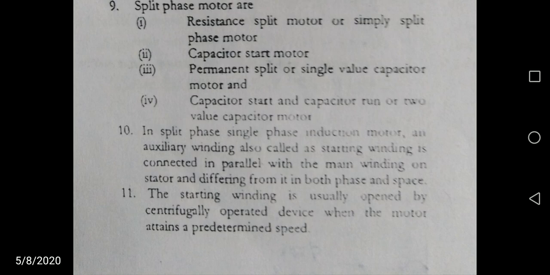The starting winding is usually opened by a centrifugally operated device when the motor attains a predetermined speed.